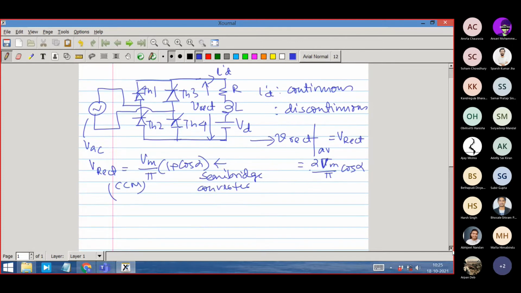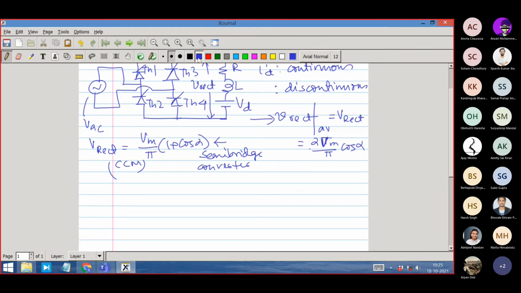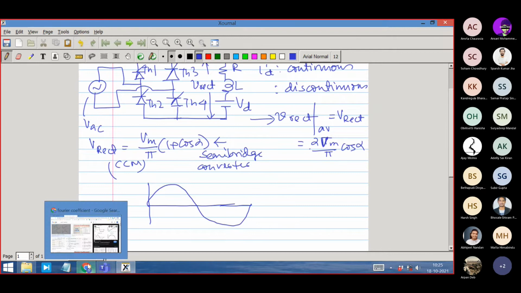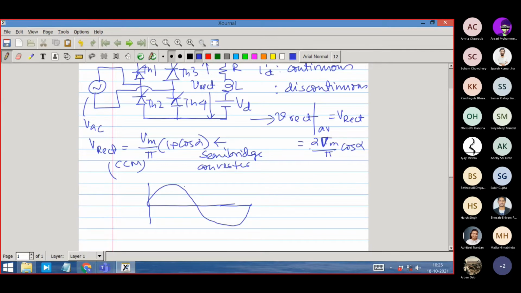But when it is discontinuous, it is not so clearly definable, so let us see qualitatively. This is the AC voltage, and there is a current. Let us say you have fired at this time, and the current will build up from zero in discontinuous conduction mode. It will conduct for some time, before the subsequent firing comes.